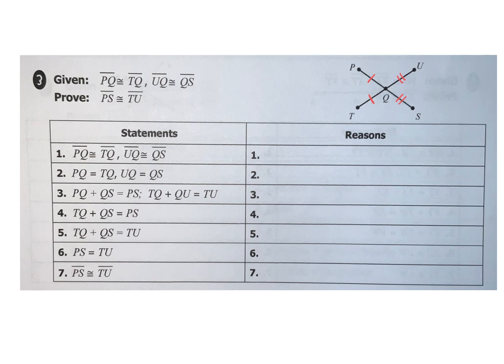All right, and so you have to start thinking about, how am I going to get from here to there? And so as soon as they start giving you pieces of a line segment, you're going to think, oh, segment addition postulate. All right, so what do I have equal? Can I do some substitution? And so you're going to start thinking about that so that you can then get to the final, which is the long segment congruent to the long segment.